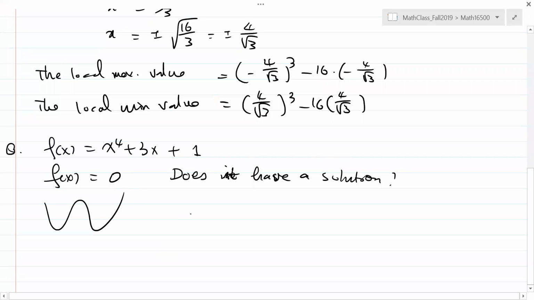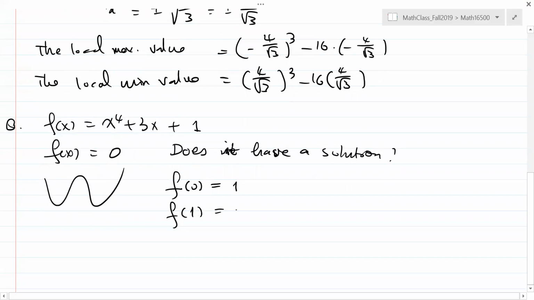So I'm going to look at this equation, right? To prove whether the equation has a solution, you just need to check whether the function has opposite signs. Then you use the intermediate value theorem to prove there is a solution in some interval. And my question is, does it have a solution? So let's check. f of 0 is going to be 1, right? And f of positive 1 is going to be 1 plus 1, actually it is 5. It's large.